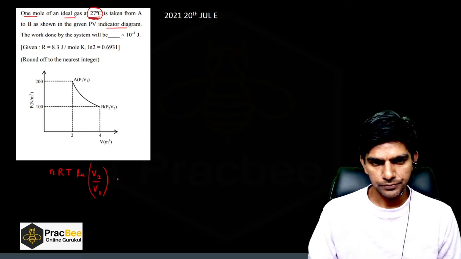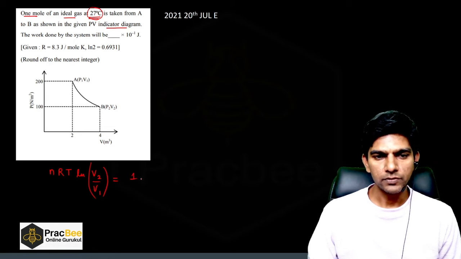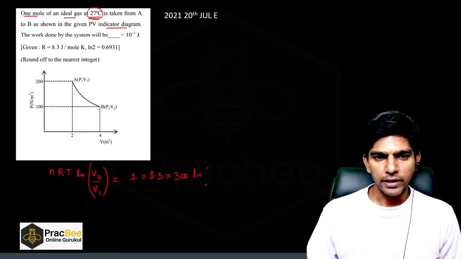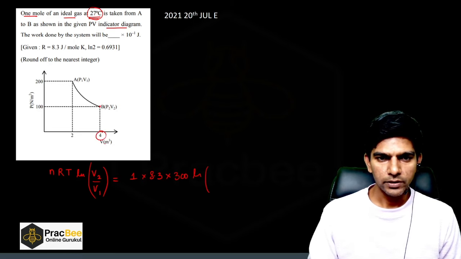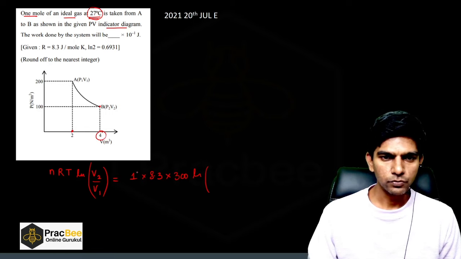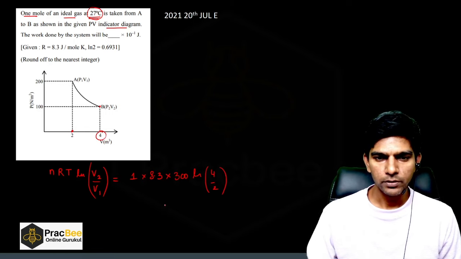Here the number of moles is 1, the R value is 8.3, and the temperature is 300 Kelvin. If we convert 27 degrees Celsius into Kelvin, we add 273. The final volume is 4 meter cube and the initial volume is 2 meter cube, so we can say 4 by 2. So this will be 8.3 times 300 times ln 2.